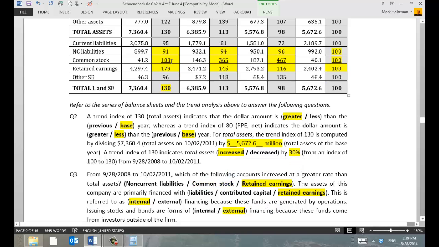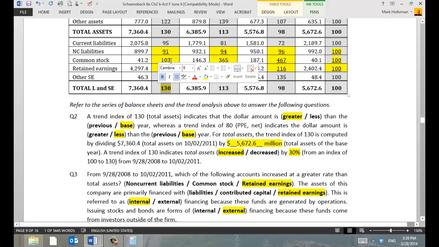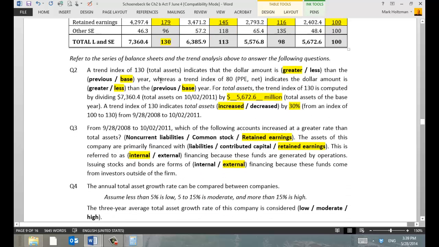Right? Because look, common stock is 103. The total assets had an index of 130. This is only 103. So yeah, you're right. Common stock isn't one of them. I was just blindly listening to what you're saying and copying it down. I've been in college too long. Sorry about that.